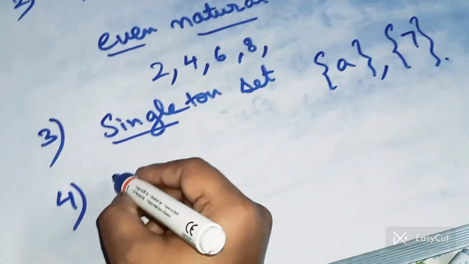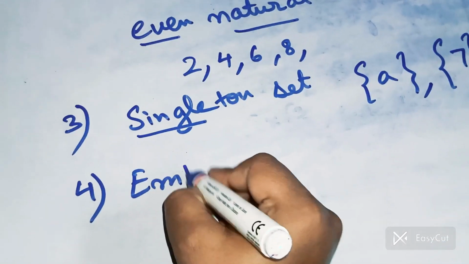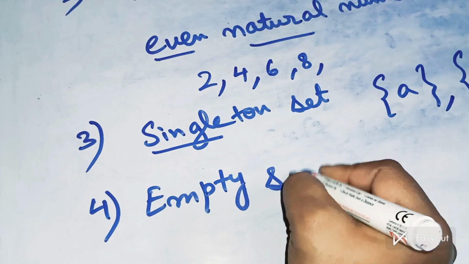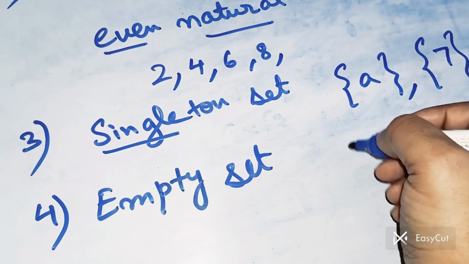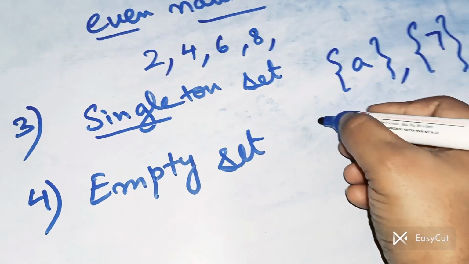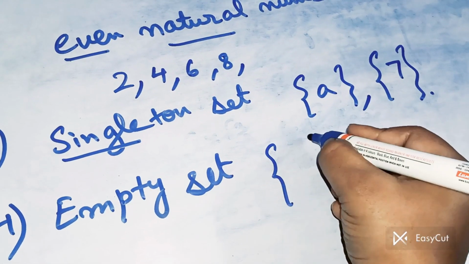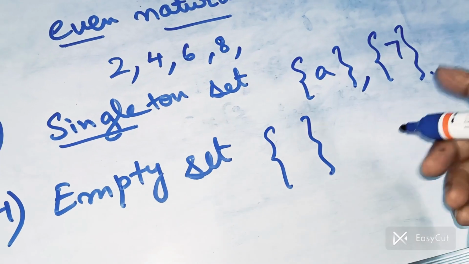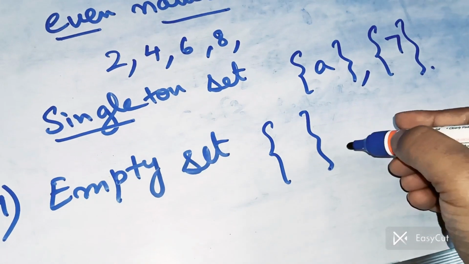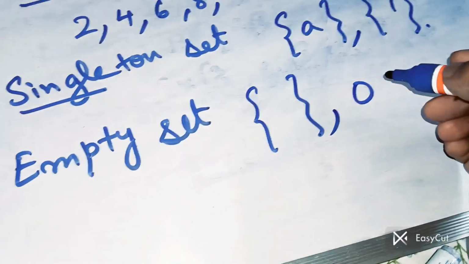Next comes the empty set. Empty set means when a set contains no element. How do we represent it? We represent it with curly brackets. If you are representing it with curly brackets with no element inside, then it is called an empty set. And we can also write it like this.